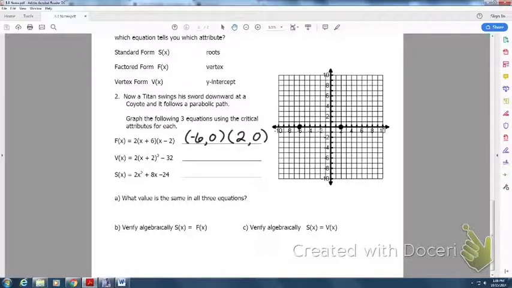Again, my factored form also gives me what piece of information on the graph? The axis of symmetry. Okay, so if that is 8 units across from one root to the other, then I can go in 4 units from either one. And I've got my axis of symmetry right there at x equals negative 2.